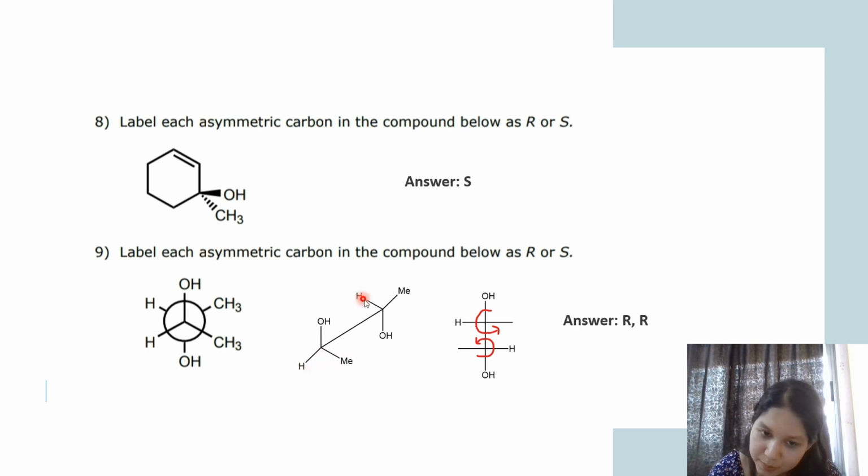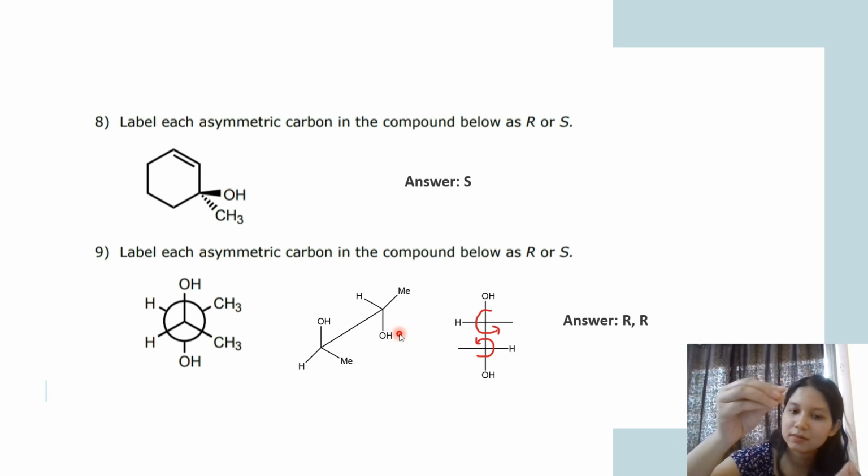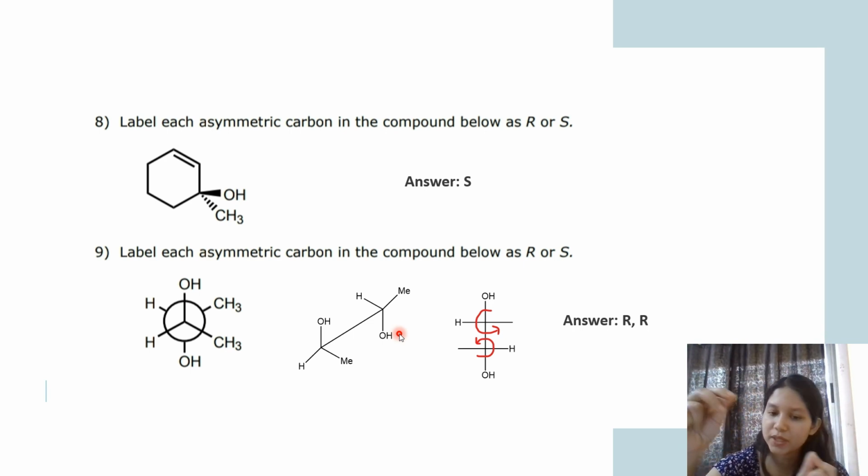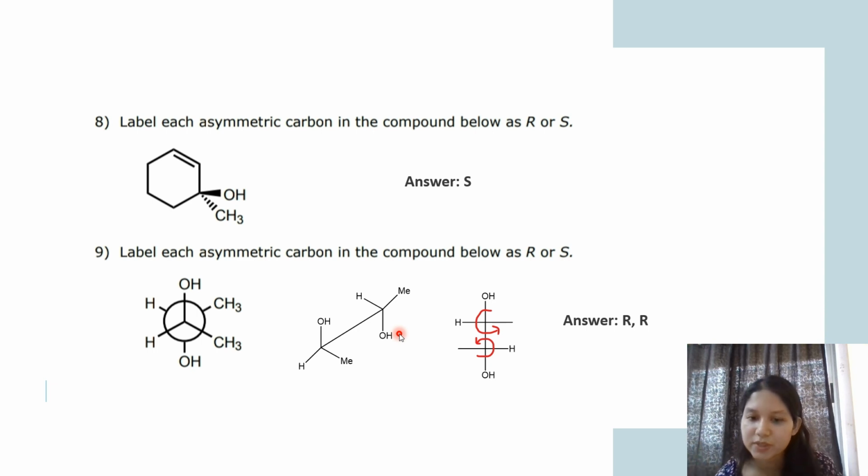This hydrogen becomes parallel to this methyl, and now we have to lift that parallel Sawhorse projection to the Fischer projection, and you will get these two hydroxyls at the axial positions and the parallel substituents in this way. Okay, this OH came here, this hydrogen came here, and this methyl came here.